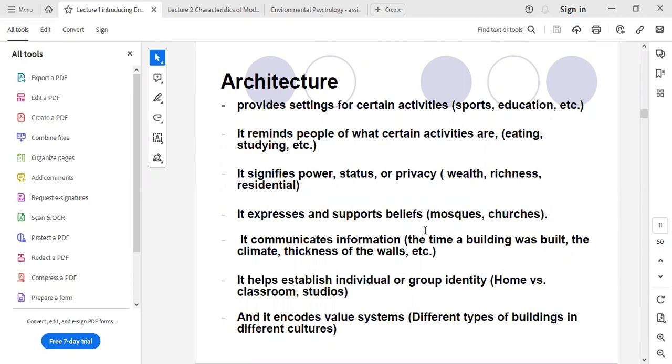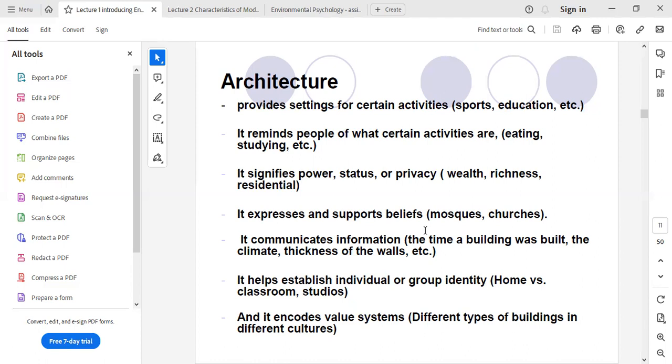It helps establish individual or group identity, such as home versus classroom or studio. There's a difference between your room and your classroom. And it encodes value systems.